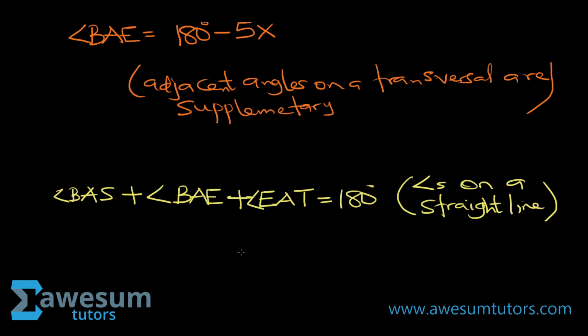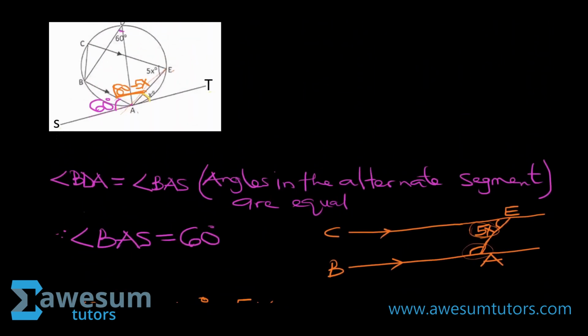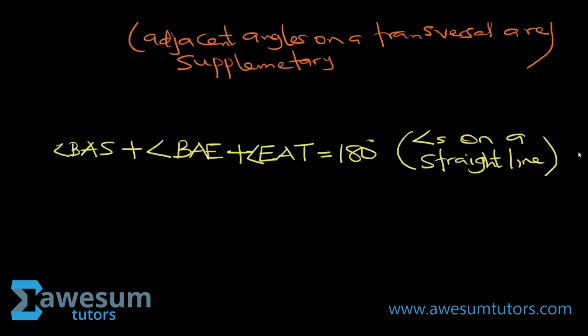Now let us go back to our diagram again. What is angle BAS? We got that before to be 60, and we got angle BAE to be 180 minus 5x.